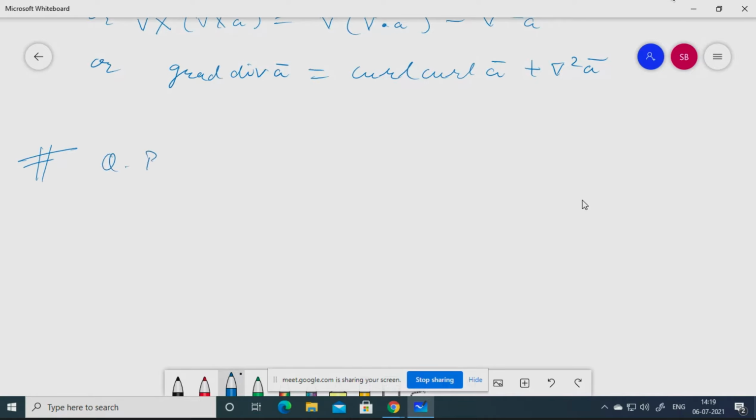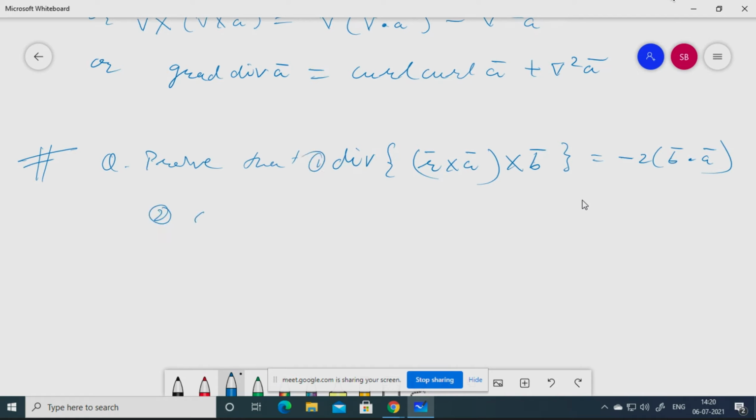So one of them is you need to prove that divergence of R bar cross A bar cross B bar is equal to minus 2 times B bar dot A bar. This is the first one.